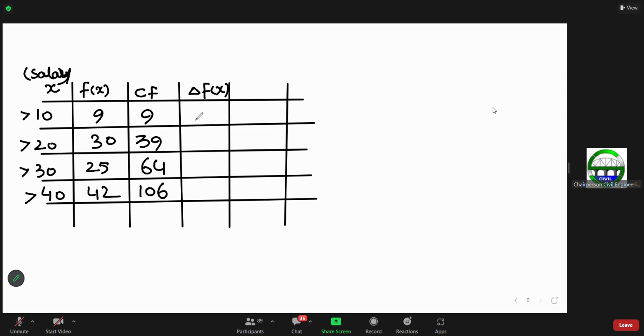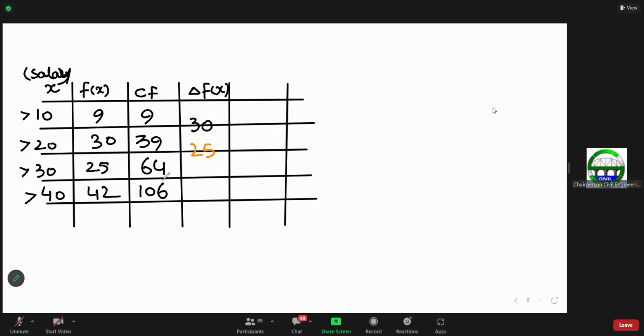Del fx will be equal to this minus this. 64 minus 39. What will be the value, guys? 25. And what is the next?